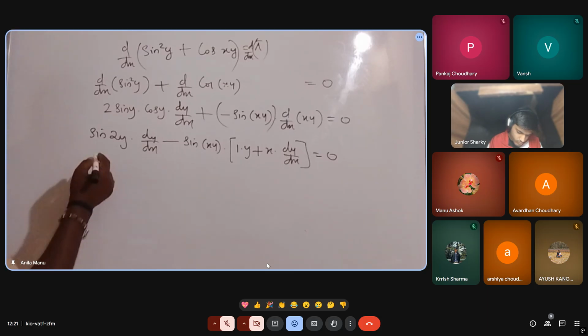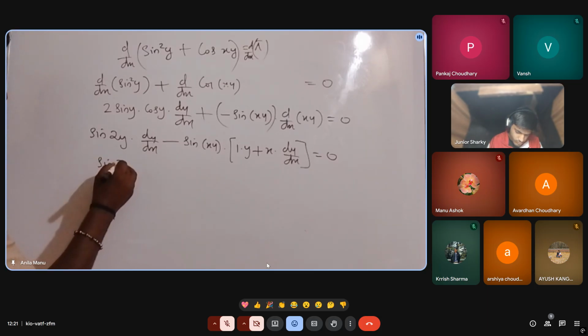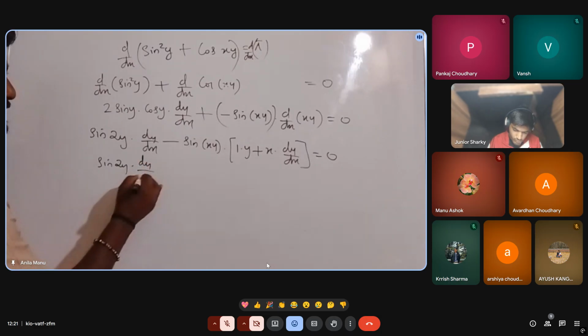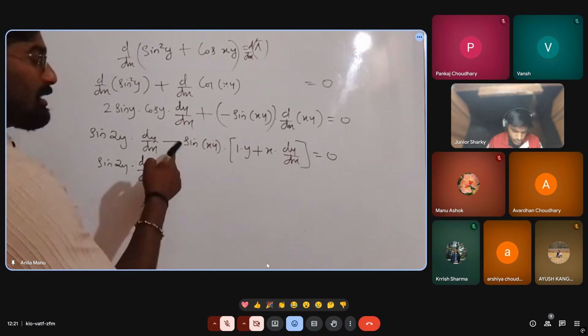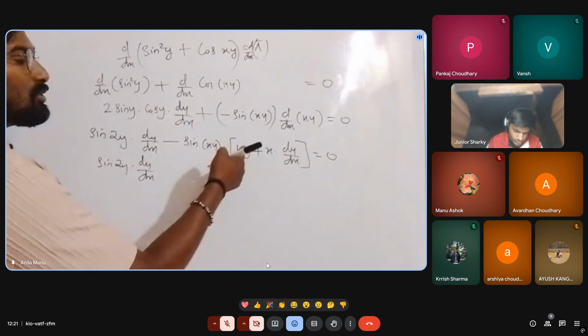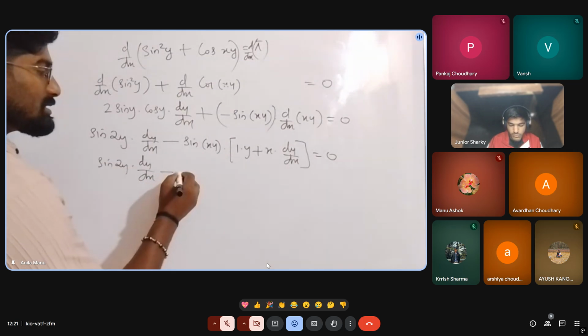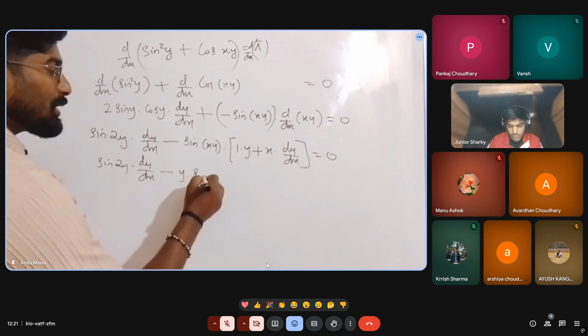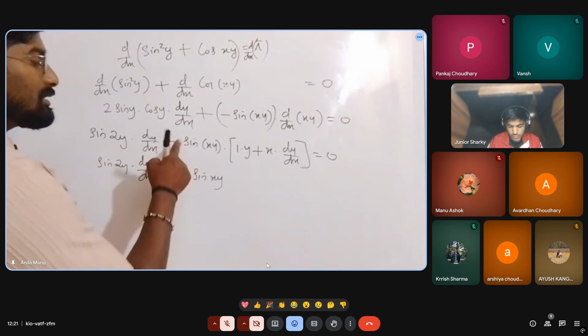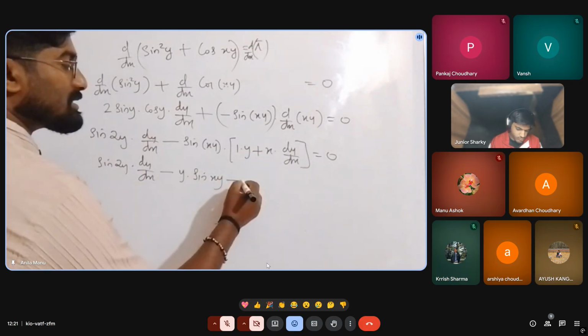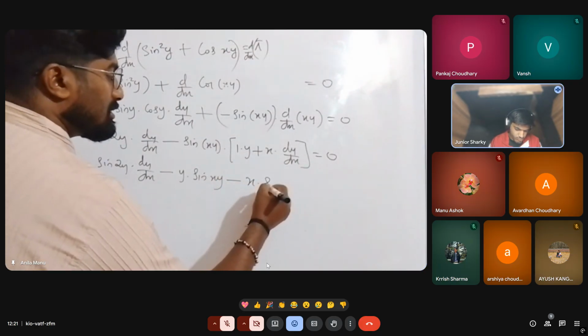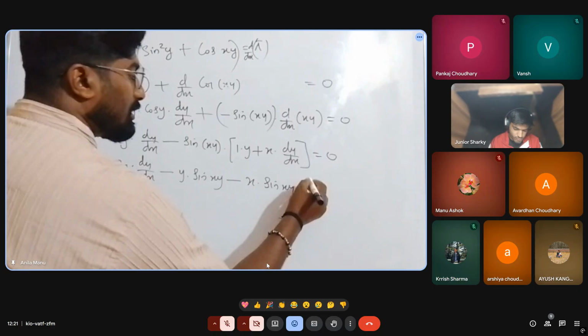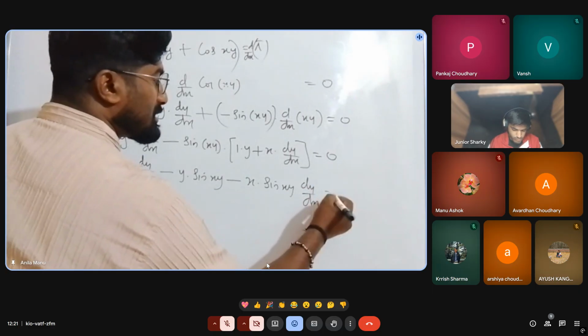Now the next step: sin 2y into dy by dx. See, minus this one into bracket, so minus y into sin xy. Then minus into plus minus x sin xy dy by dx, that is equal to 0.